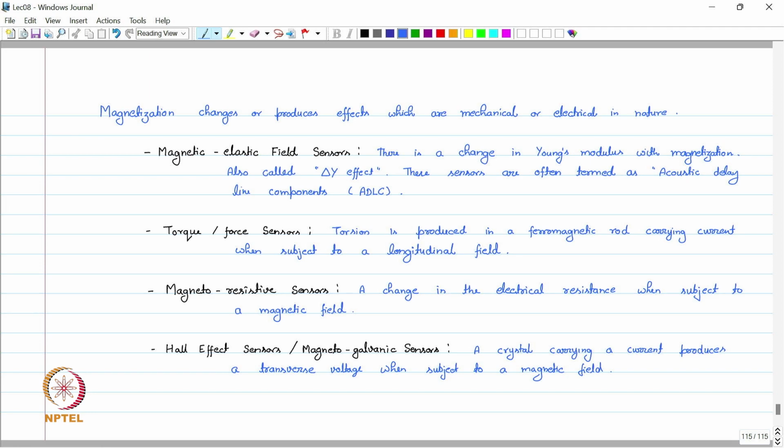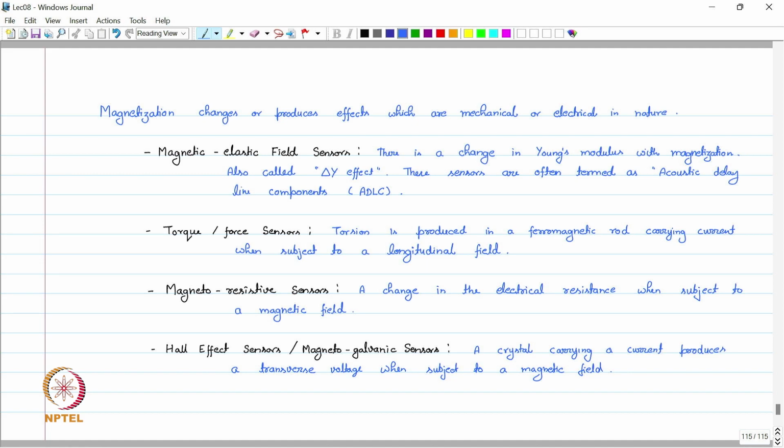When we apply a torsion in the ferromagnetic material, then there is a change in the property of the material. The third one is the magnetoresistive sensor, when the electrical resistance of the material changes with the applied magnetic field. And the fourth one is the Hall effect sensors, or we call them magnetogalvanic sensors.